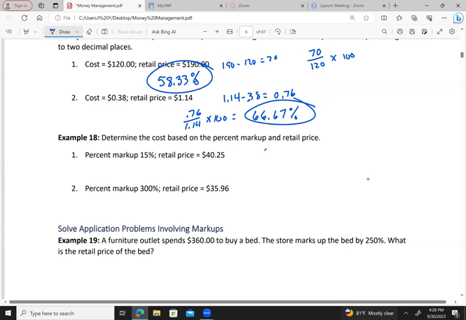The retail price is 40.25. Let's see, percent markup is 15%.